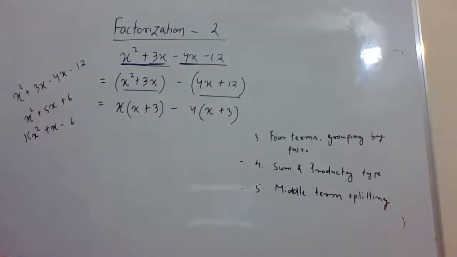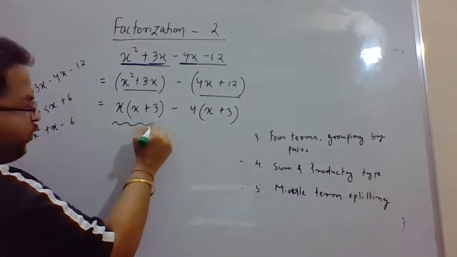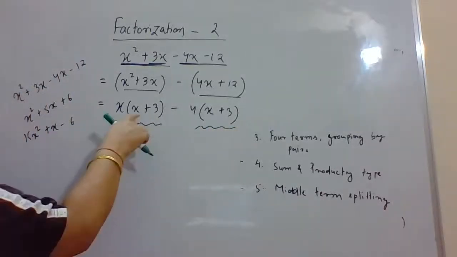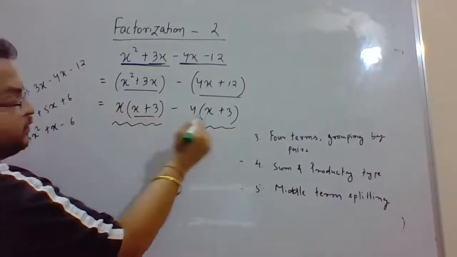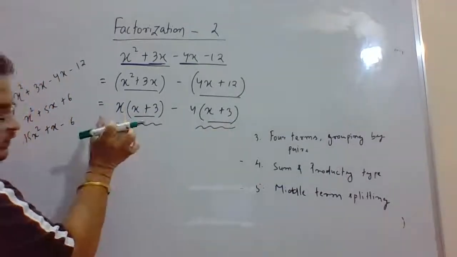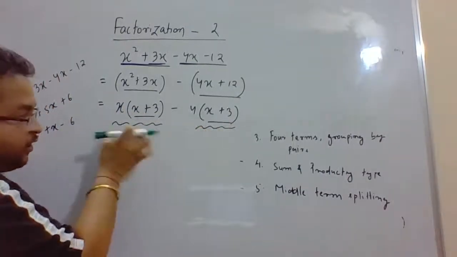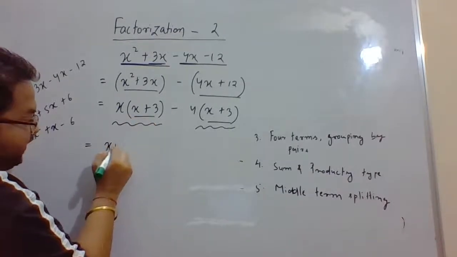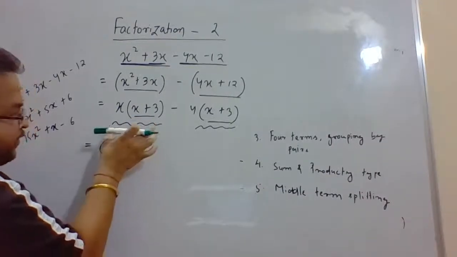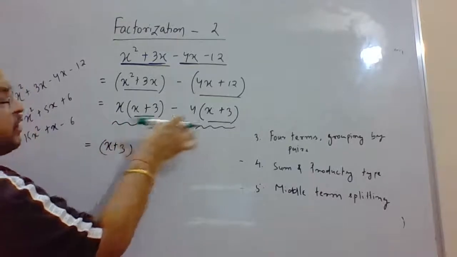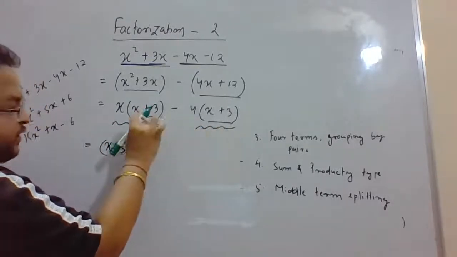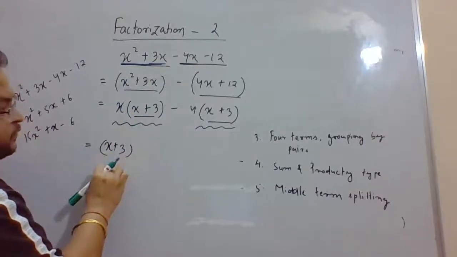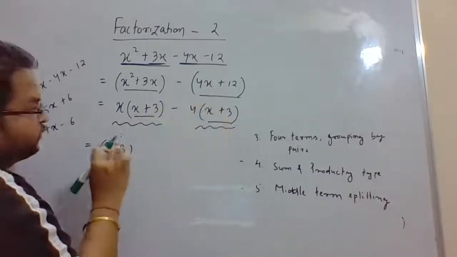Now interestingly, this is one term, this is another term, and this expression x plus 3 is common across these terms, right? So I can take x plus 3 as a common factor, which means I need to divide x plus 3 into both of these terms.